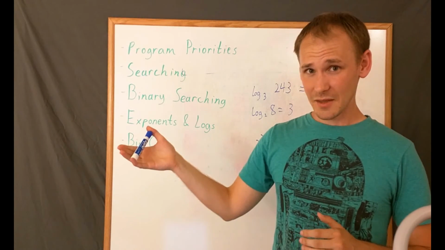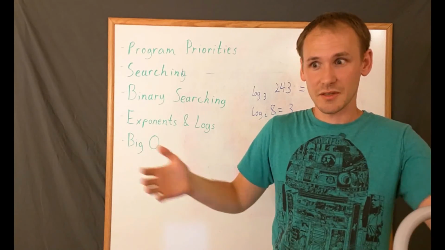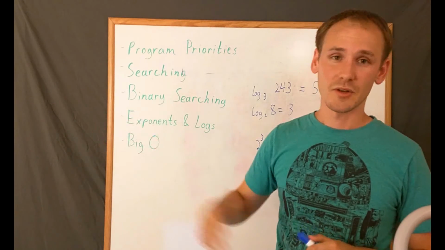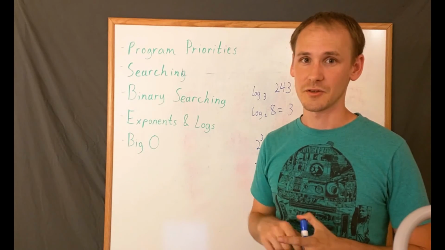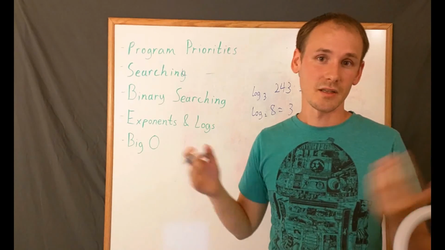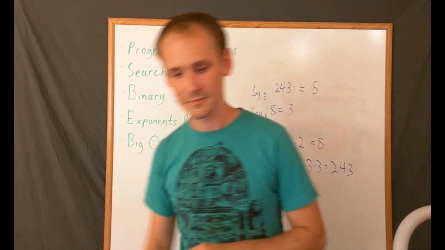But if your program takes linear time, doubling the size of the input means taking twice as long, then pretty quickly your program is going to become a lot slower than someone else who's able to do something cool like binary search, where doubling the size of the input doesn't double the time, but just adds 1 extra step. And that's it.